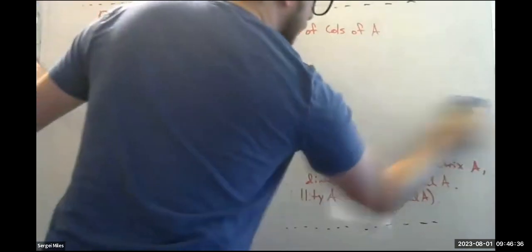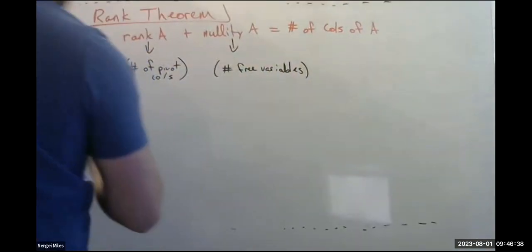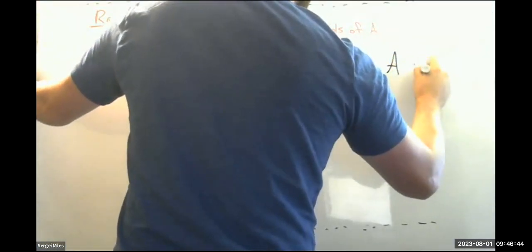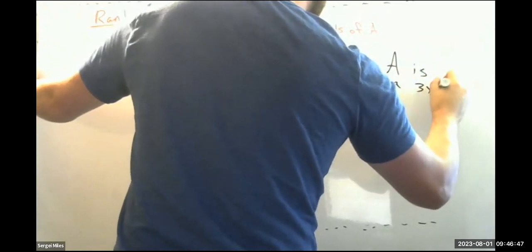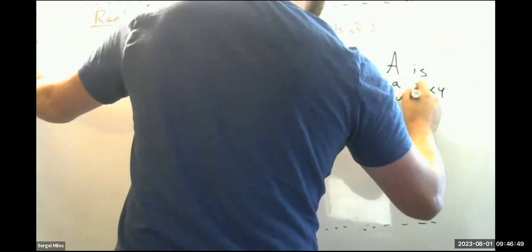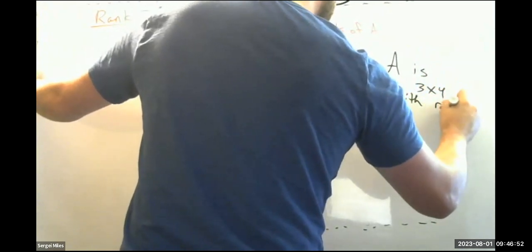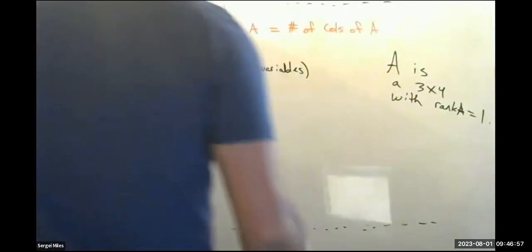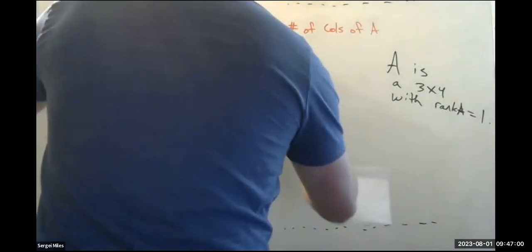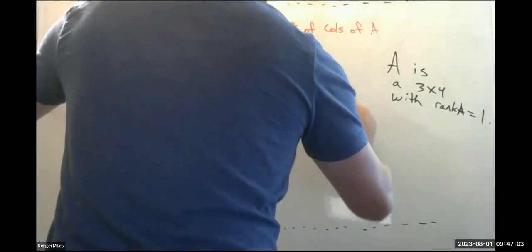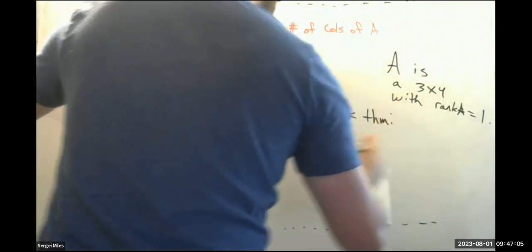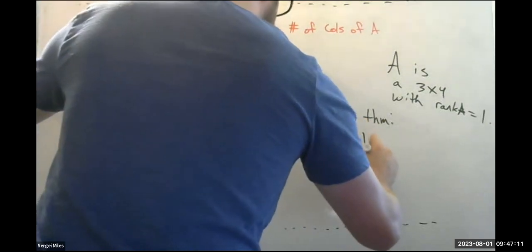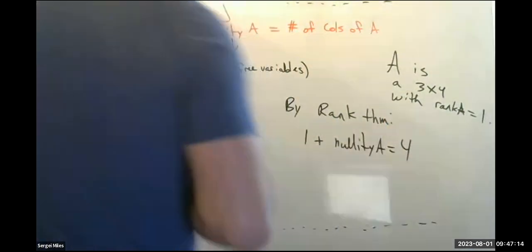if I tell you that A is a 3 by 4 matrix with the rank of A equal to 1, then by the rank theorem, we have that 1 plus the nullity equals 4.